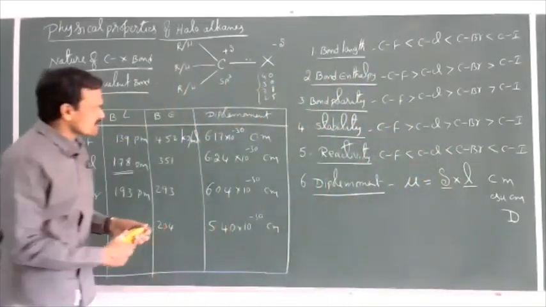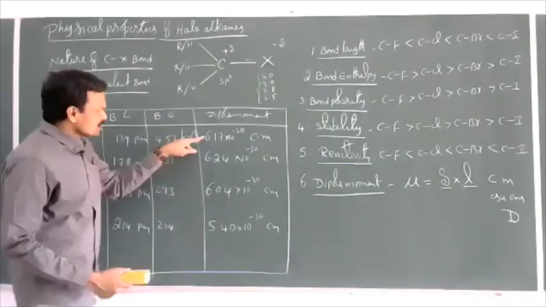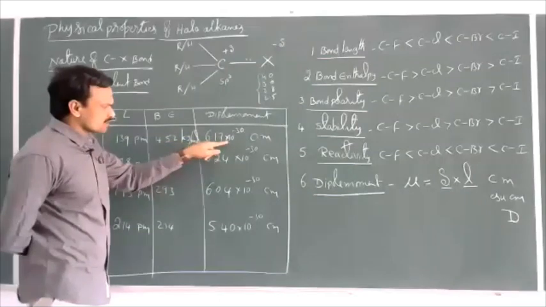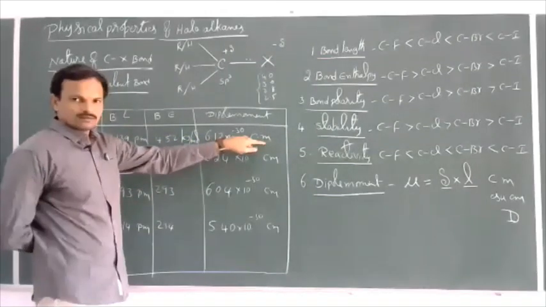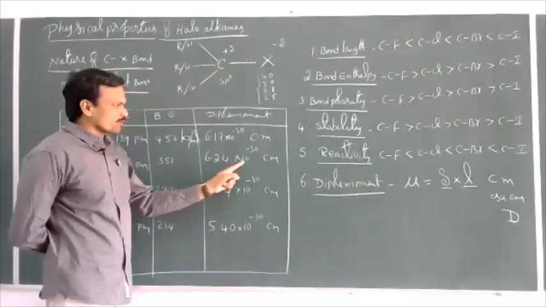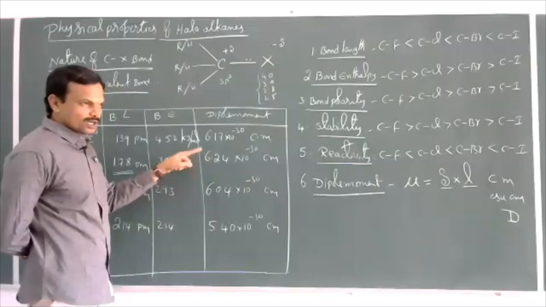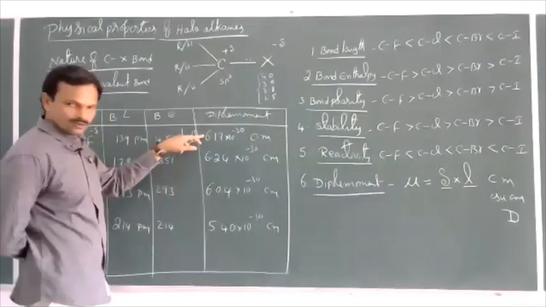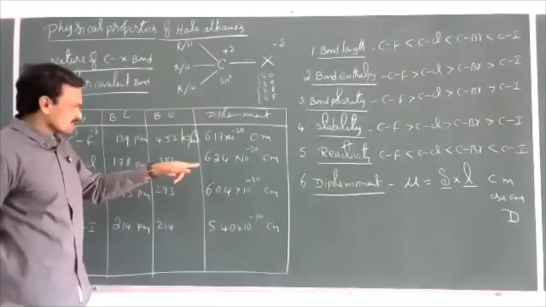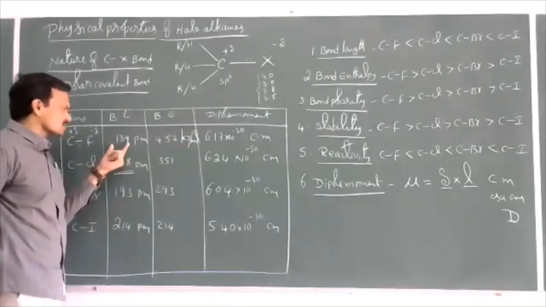If you observe the experimentally calculated values of dipole moment, C-F has 6.17 into 10 power minus 30 coulomb meter, whereas C-Cl has 6.24 into 10 power minus 30 coulomb meter. That means the dipole moment of the C-Cl bond is more compared to C-F. The reason is the higher bond length of C-Cl compared to C-F.